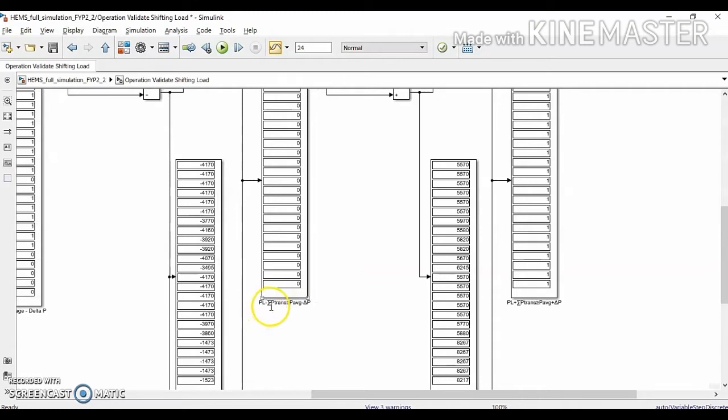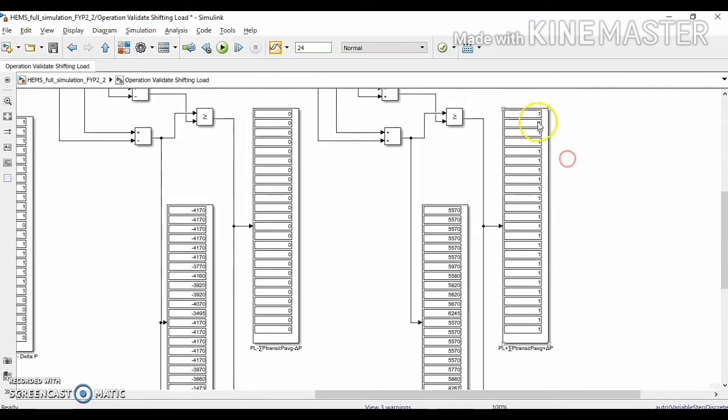Power load minus summation of transferable load is checked against the minimum power variation, and power load plus summation of transferable load is checked against the maximum power variation. The one represents yes, and zero represents no.